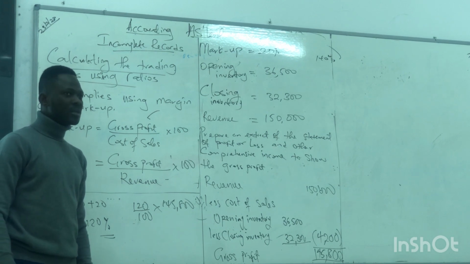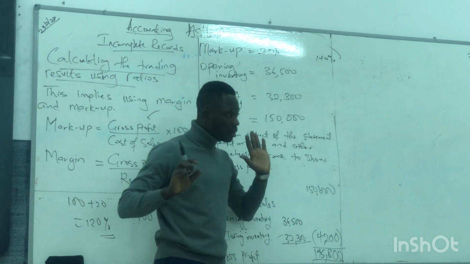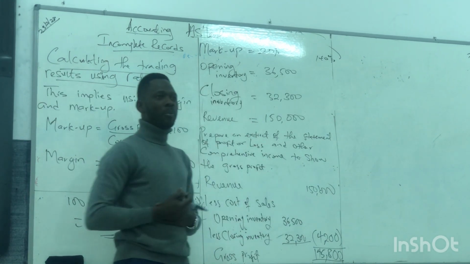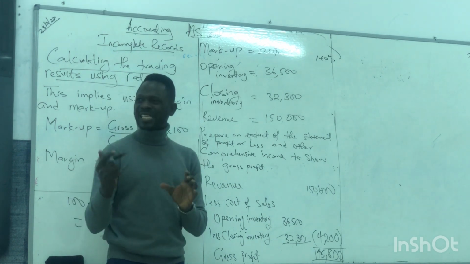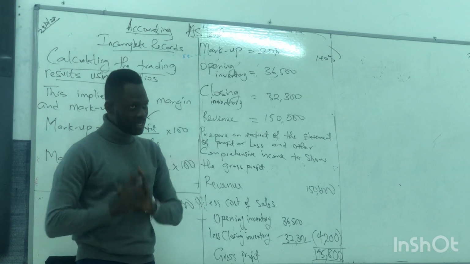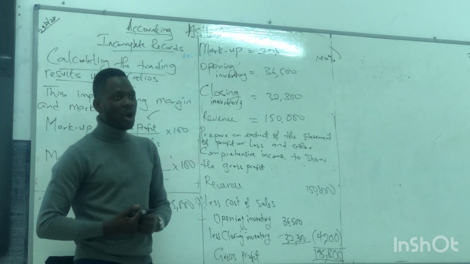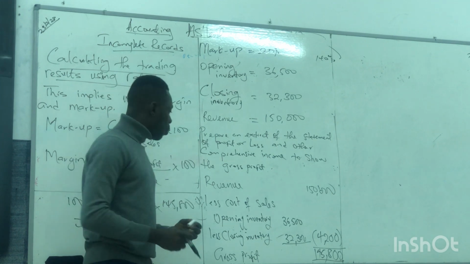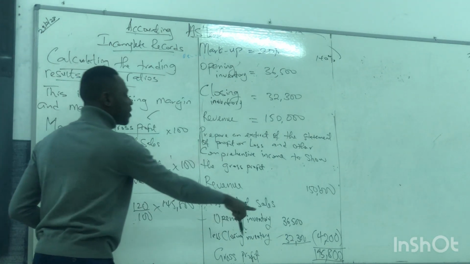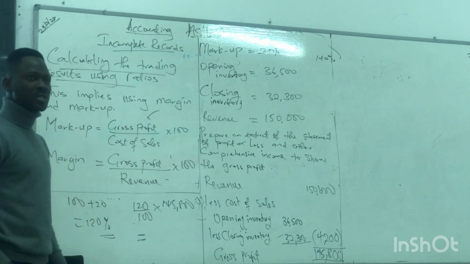Yes. We have our gross profit to be 145,800, but there's a markup of 20%. So it means that our gross profit should increase by 20%. To increase our gross profit by 20%, it will be 120 over 100, that's 120%. So 120% of 145,800 gives us the increase in the gross profit.